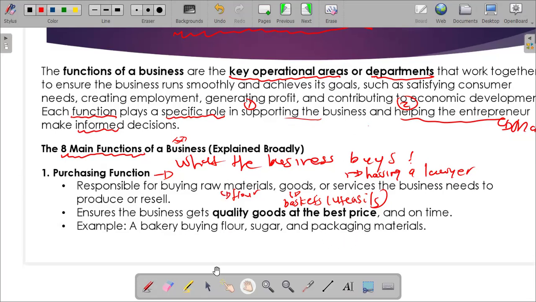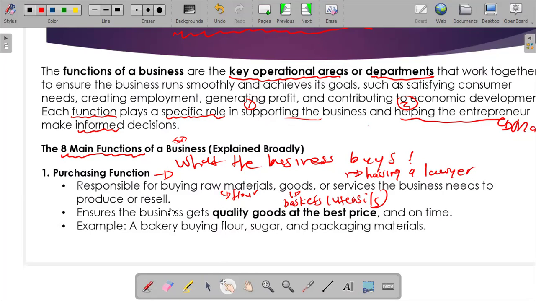So if we're gonna buy our flour, we need to make sure that this flour is of the best quality, meaning when we bake our cakes, people won't complain about the texture or maybe the taste. So we need to buy quality things. Goods, baskets, where we buy these things, are they gonna last us for a while?